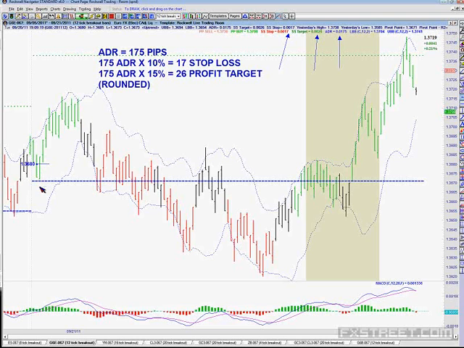Because I'm using a 17-tick stop loss, my stop loss is going to be even lower, my apologies, 36.63. And I'm using a 26-tick profit target. So my profit target is up here at 37.06.